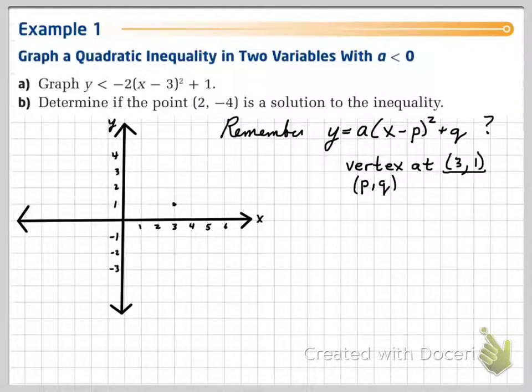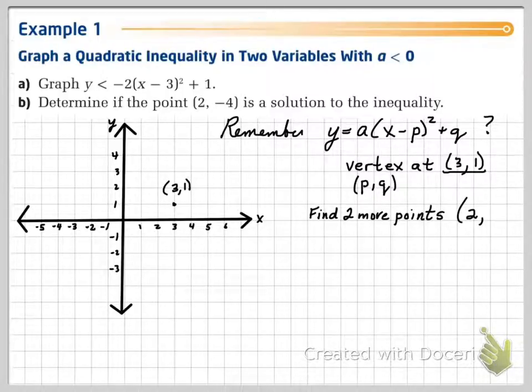So right away, I can say the vertex of our graph is at x is 3, y is 1. Now I'm going to need a few more points to plot. If I find two more points, let's say when x is 2, and I plug it in, I'm going to find that y equals negative 1.